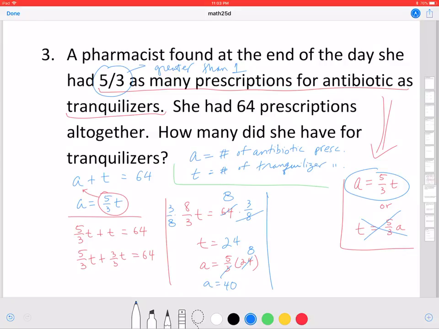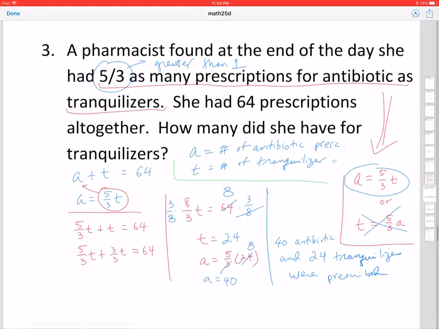So our final answer is 40 antibiotic and 24 tranquilizers were prescribed. All right. Okay, that's for number 3.